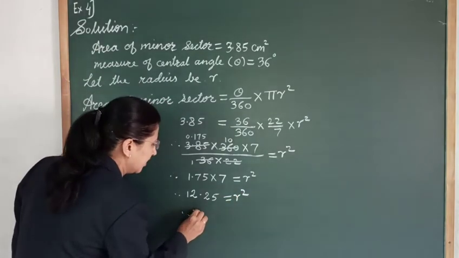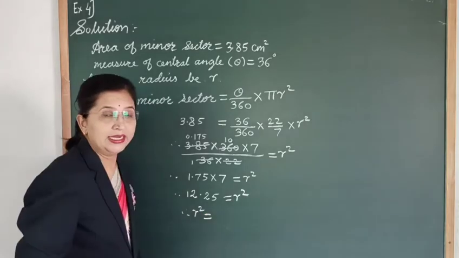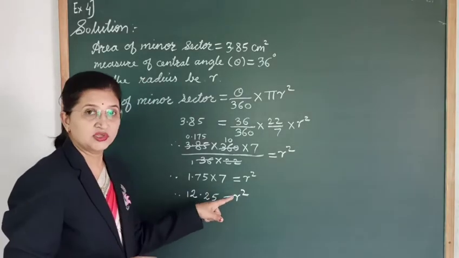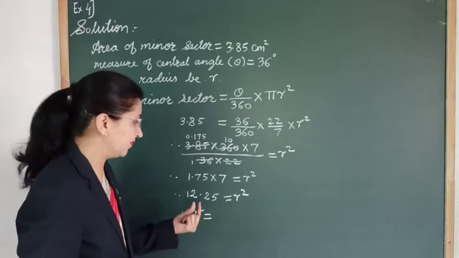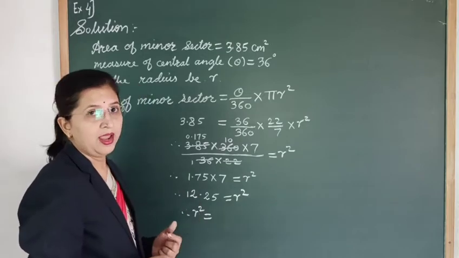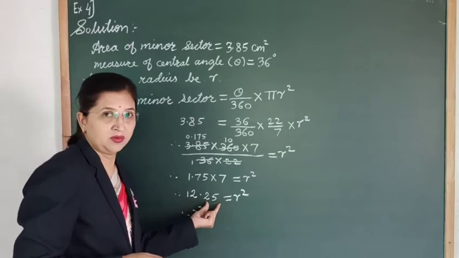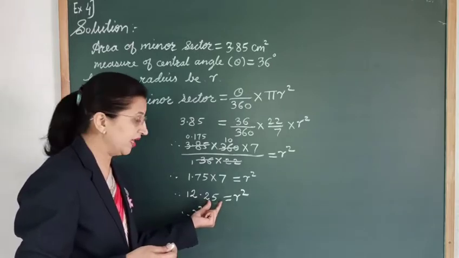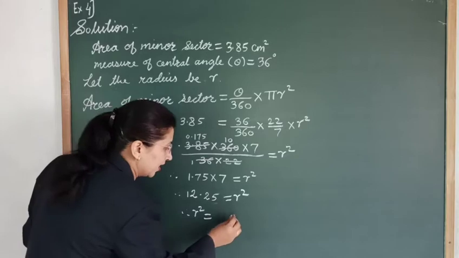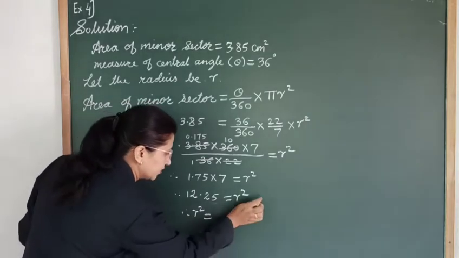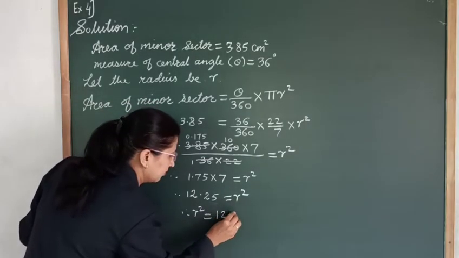So dear students, here we have to find the radius and we are getting r square. We have to find the square root of this 12.25. As we know, if we want to find the square root of a number ending in 25, just write down the five. Okay, so first we'll write this down.